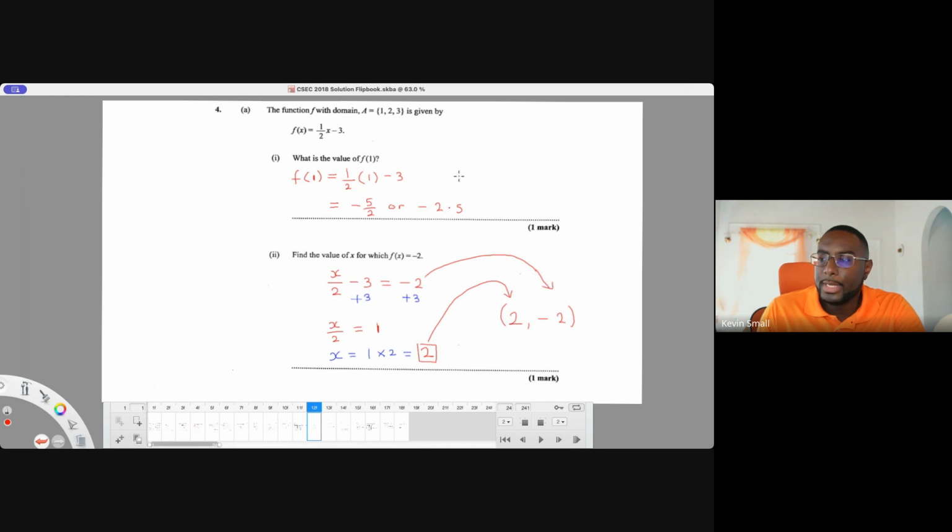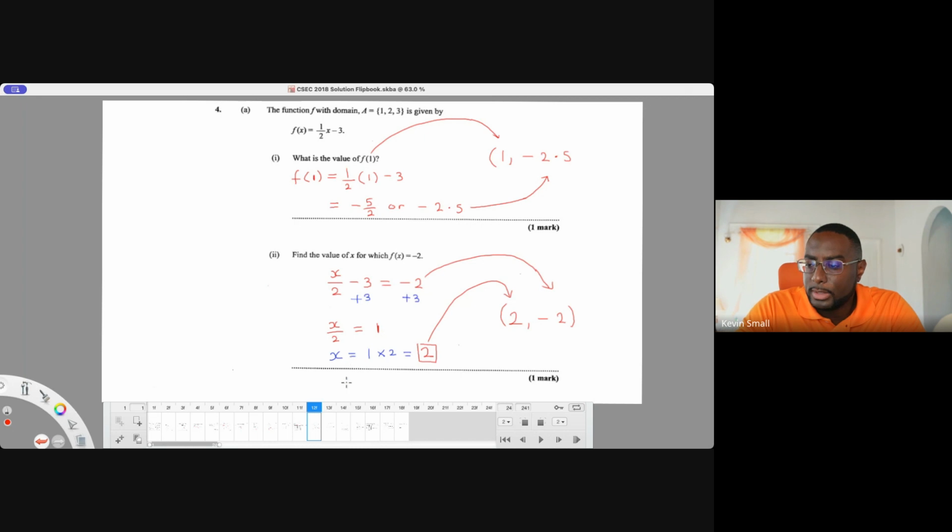And over here now, it would be 1 comma negative 2.5. Always the input first. So the input is 1. But we're missing one ordered pair. We're missing the one that would have 3 as the input.